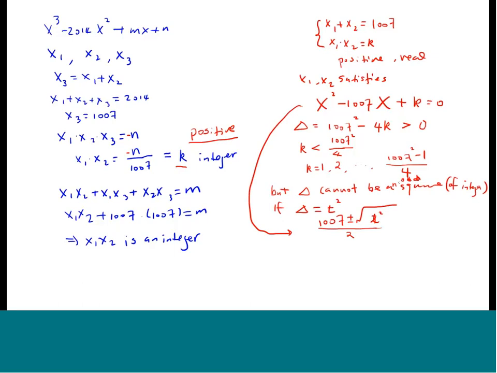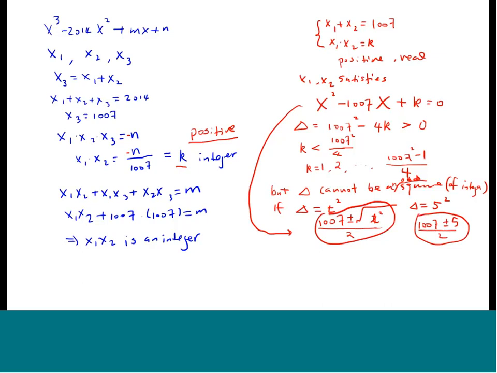Oh, okay. So square is okay, it cannot be an odd square. If delta is the square of an odd number, then the roots are going to be integers. For example, delta equals 5 squared. Then you can have 1007 plus or minus 5, that will be x1, x2, right? Oh, okay.